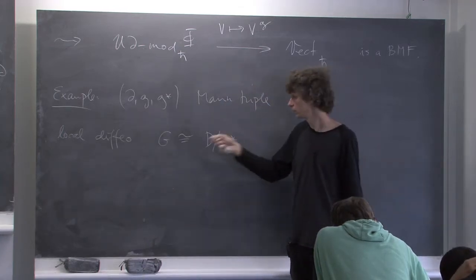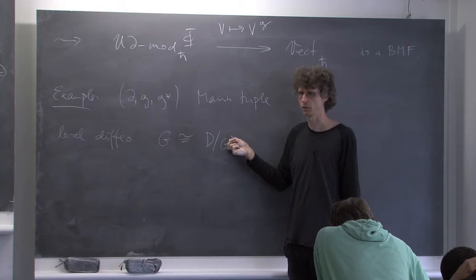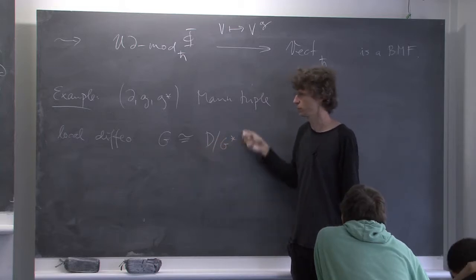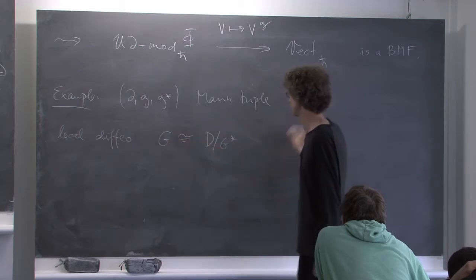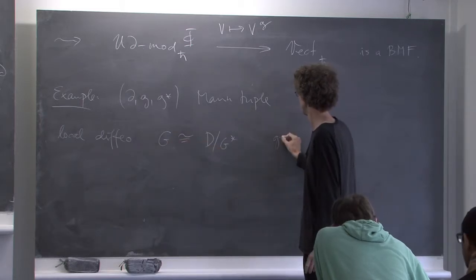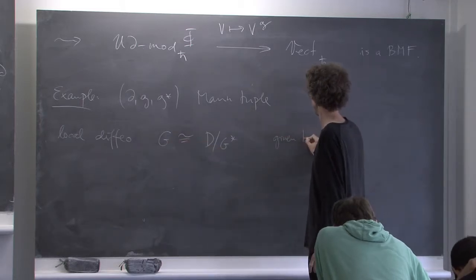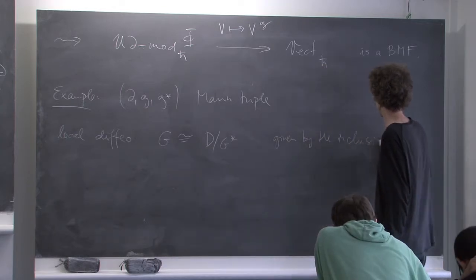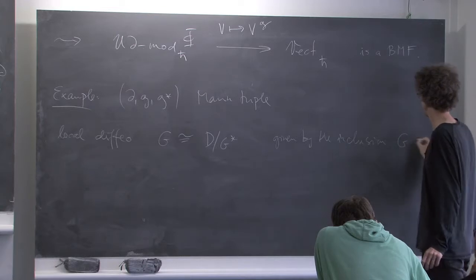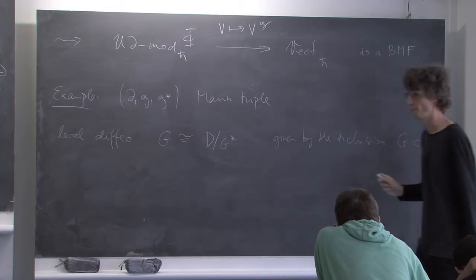You see that G* is not necessarily a closed subgroup, so this thing is defined only, say, locally or as local groups or something like that. But it is given by the inclusion of G as part of D.